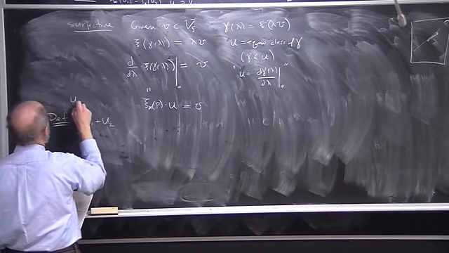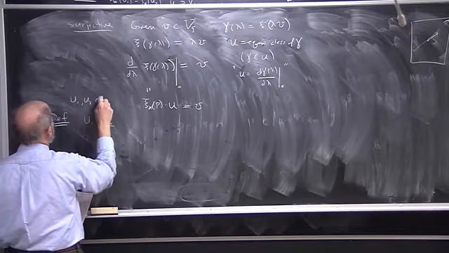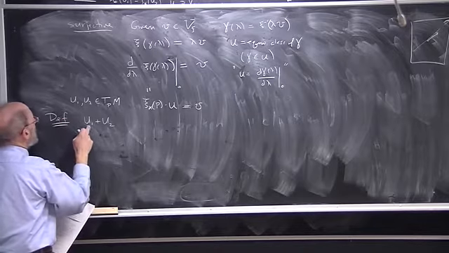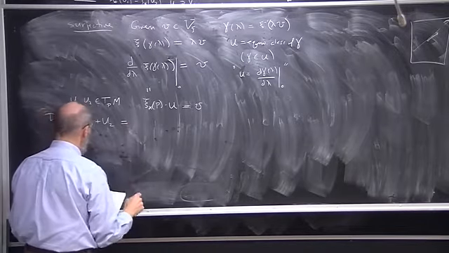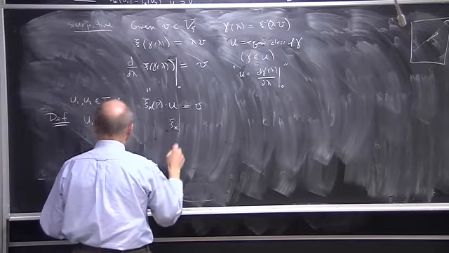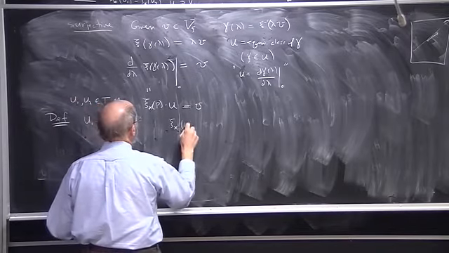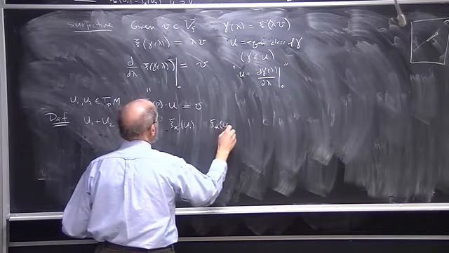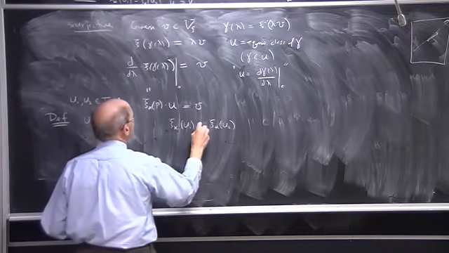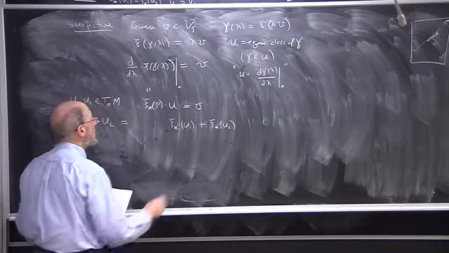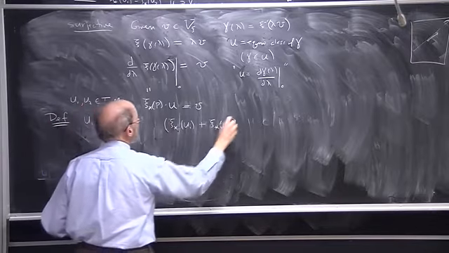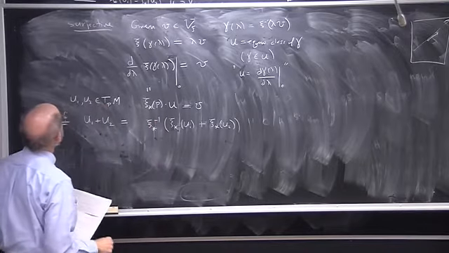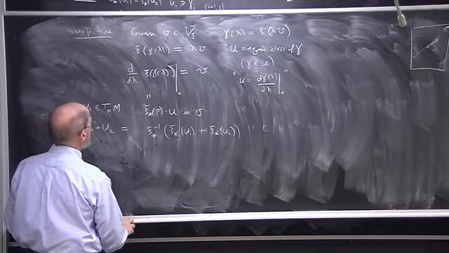Given that U1 and U2 belong to the tangent space of M at p, we define U1 plus U2 how? We use C star to transfer the vectors U1 and U2 to the vector space V. Since it's a vector space, we know how to sum them. And then we transfer the result back using the fact that C star exists.